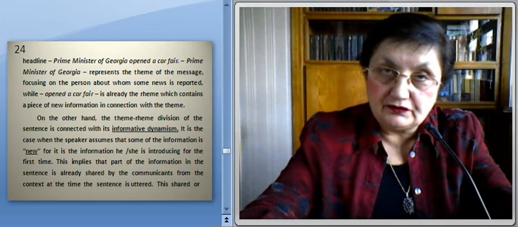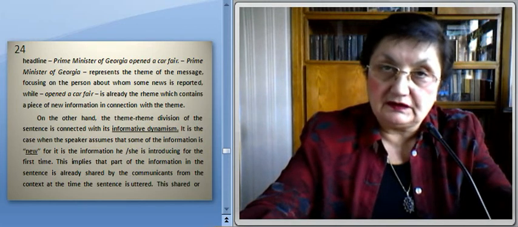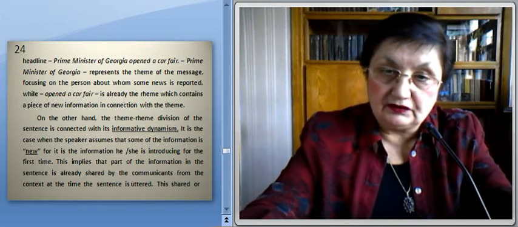This shared or given piece of information is represented by the theme, while the new information is introduced by the rhyme.